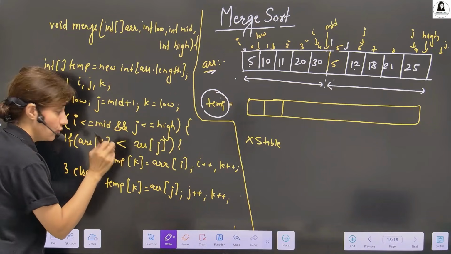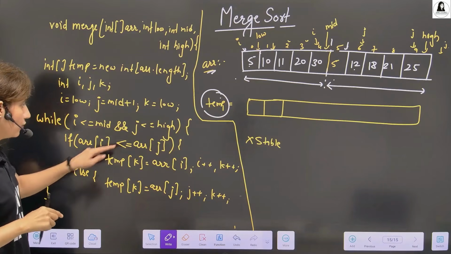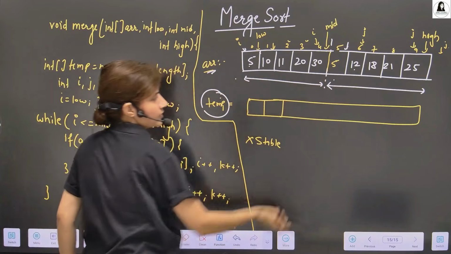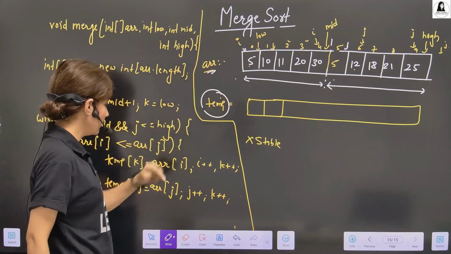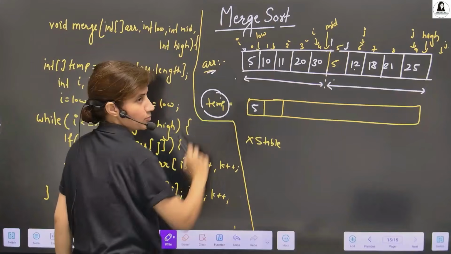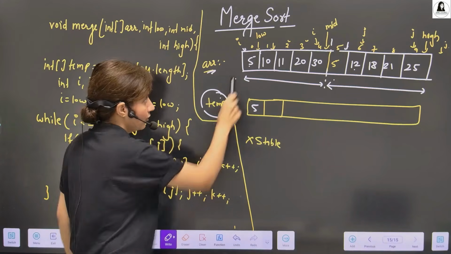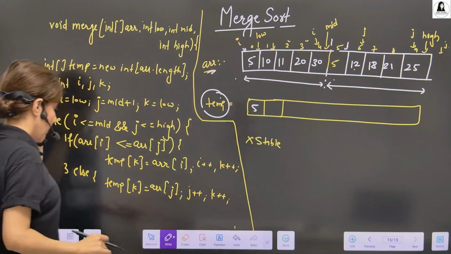So this is stable only if you implement this with less than or equal to. Now see, array of i is less than or equal to array of j. Yes, true. True means we put whatever i, this 5 here first, and then i plus plus. Now it's stable. Ordering will not be changed. I hope you got it.